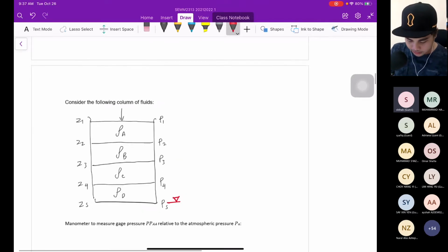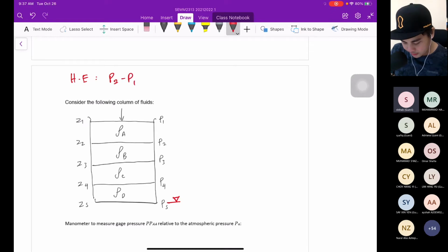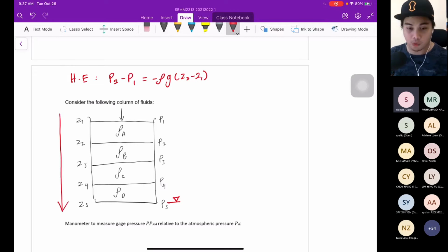So again, using the hydrostatic equation, which is P2 minus P1 equals negative rho G, Z2 minus Z1. We start from top to the bottom, our flow like this.